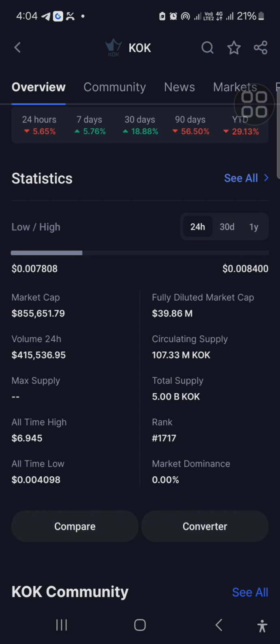24 hours. All right, if a coin is not at a period of building, if it is not at the building stage or the beginning stage, and the price and the volume is not large, watch out for that coin. Be careful of that coin. The only excuse is when they are in the building stage, because then the price will probably not move too much.